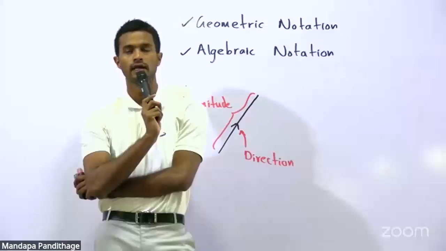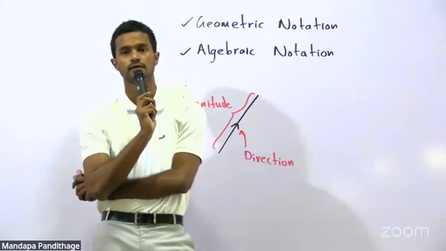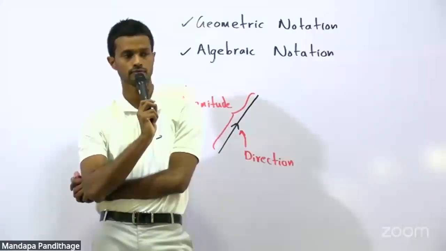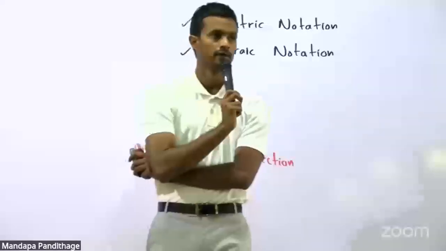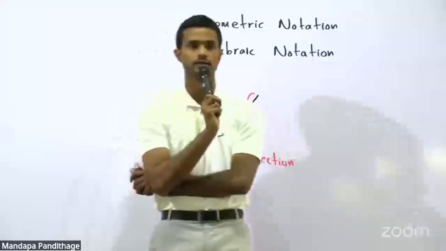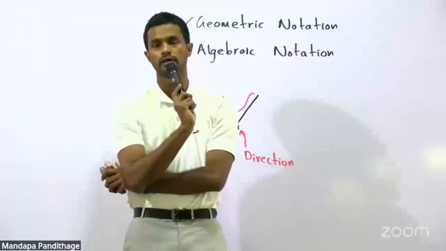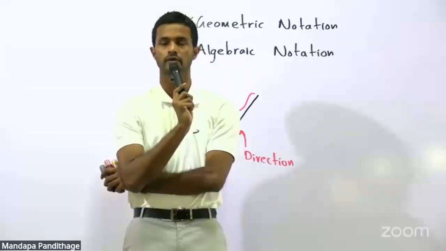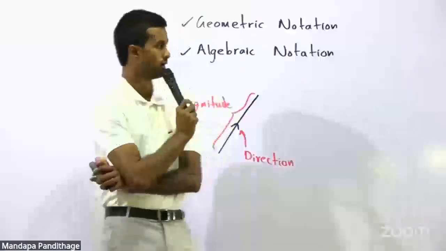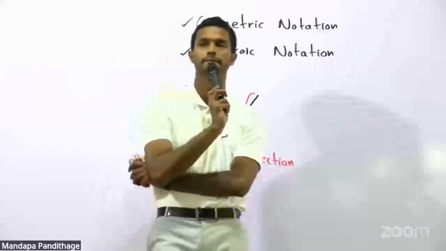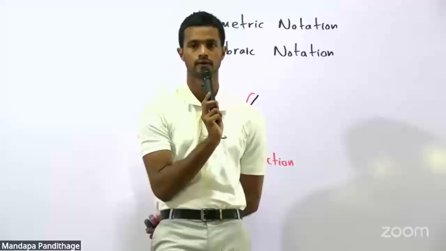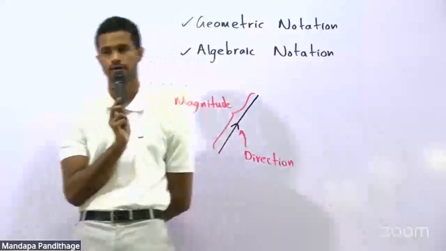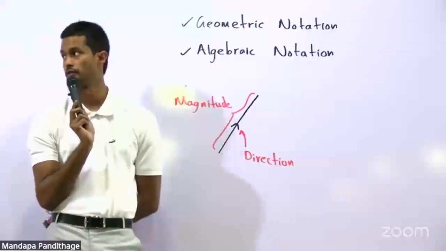Same line: the length of the line segment denotes the magnitude of the vector, and the arrowhead denotes the direction of the vector.